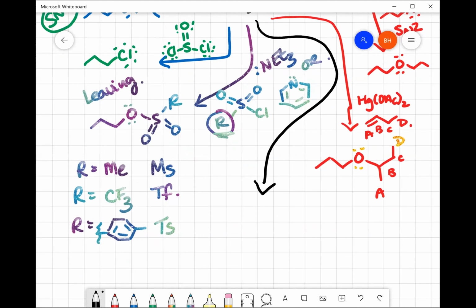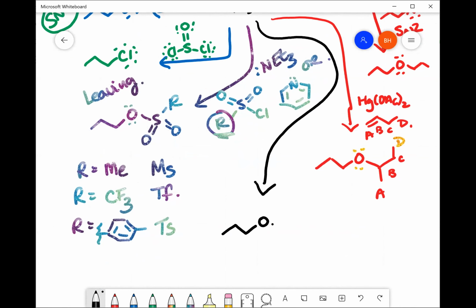We could convert that to a silyl ether using trimethylsilyl chloride and a base, and typically it's triethylamine or again the pyridine. Either one of those works.